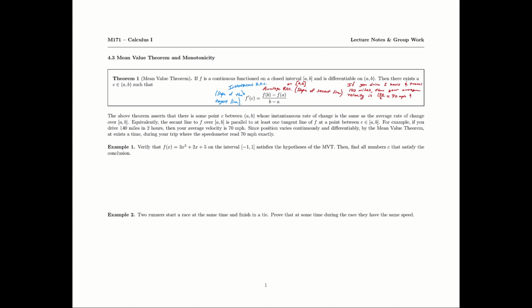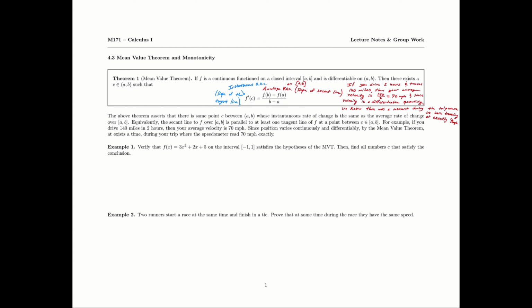And since velocity is a differentiable quantity, we know there was a moment during our trip where we were traveling at exactly 70 miles per hour.